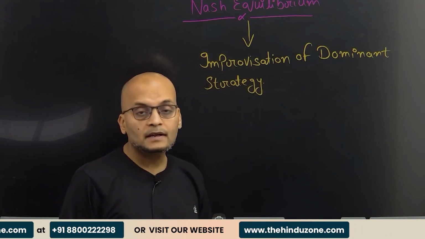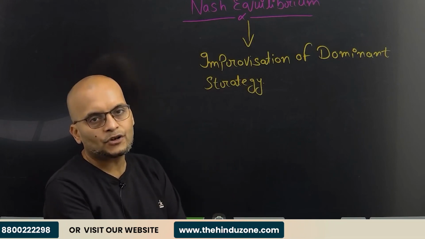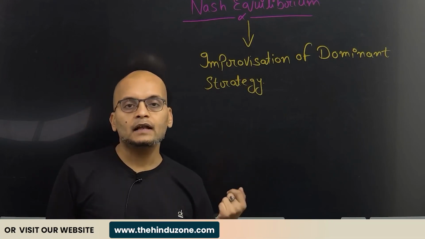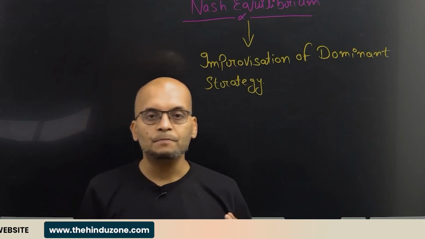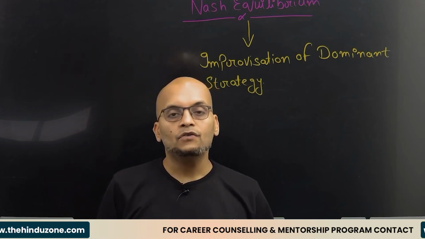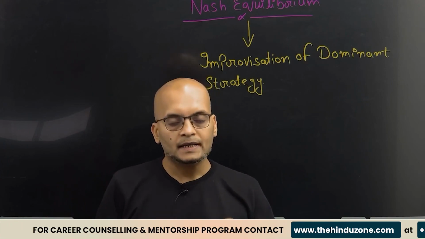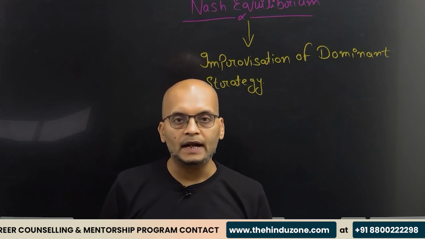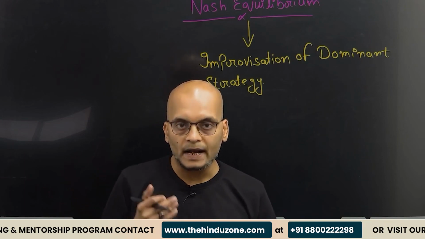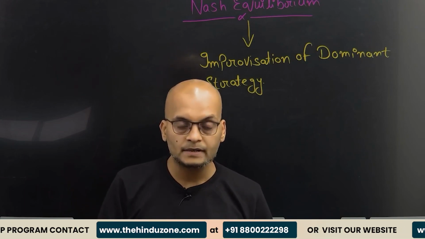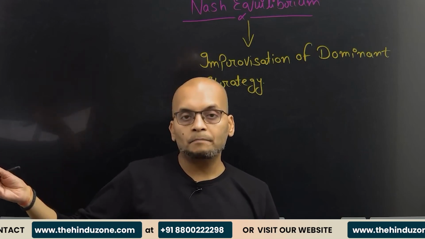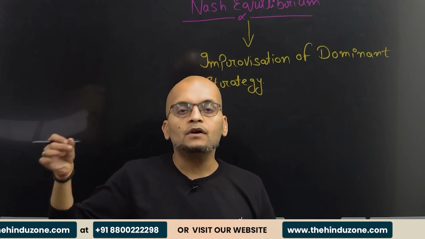See guys, in the last video we discussed the prisoner's dilemma, where the dominant strategy of the players was followed. There is a particular dominant strategy and the player is going to adhere to that strategy, whether the other player is choosing one option or another.